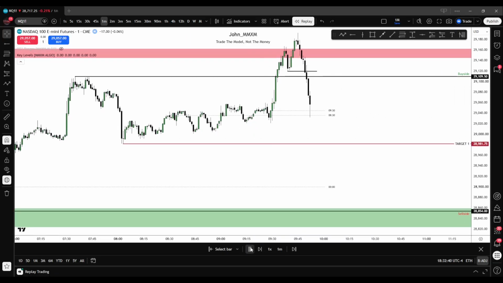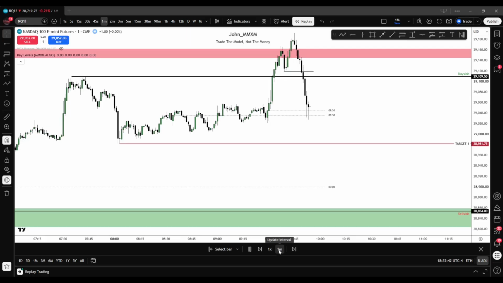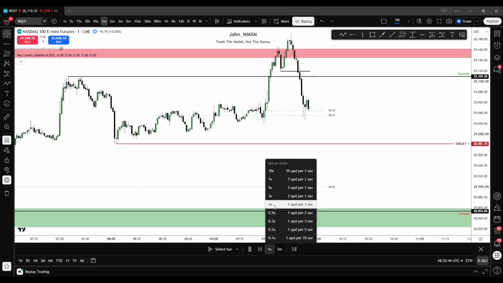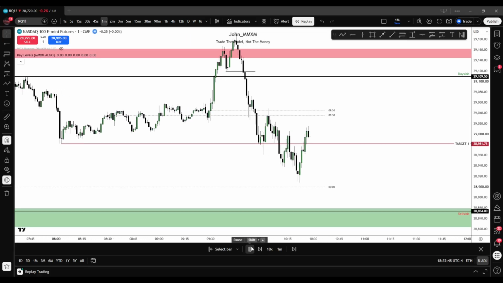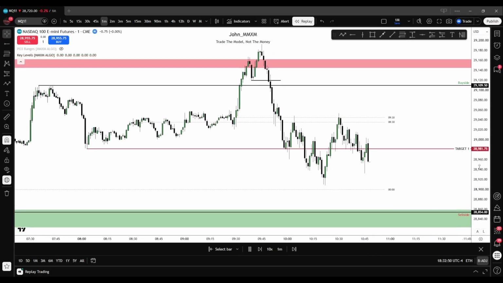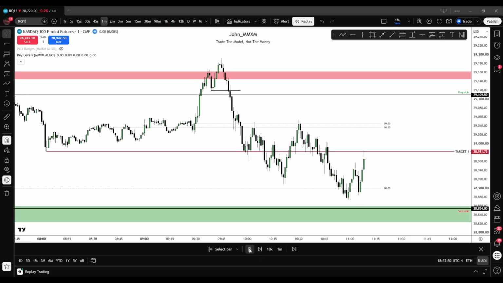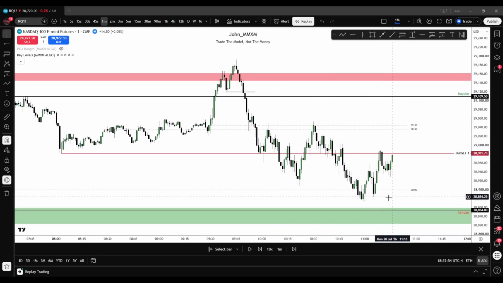As you guys can see here, I'm going to go ahead and play this through. I'll play 10x right here so you guys can see. So there you guys have it. Price hits our midnight opening price.